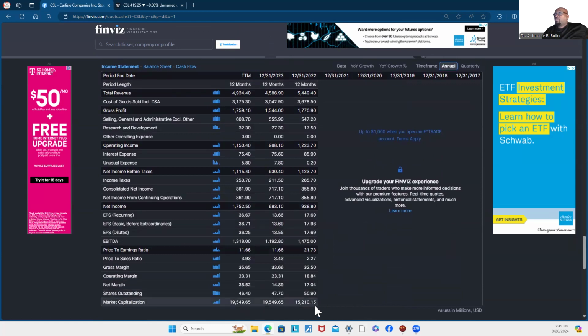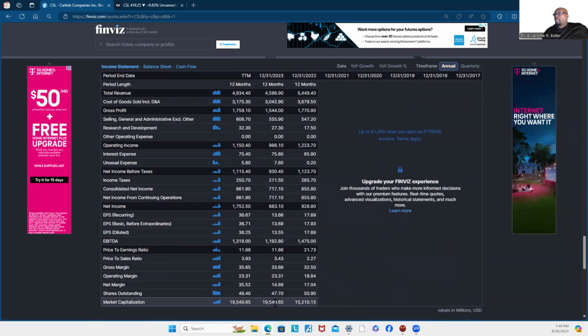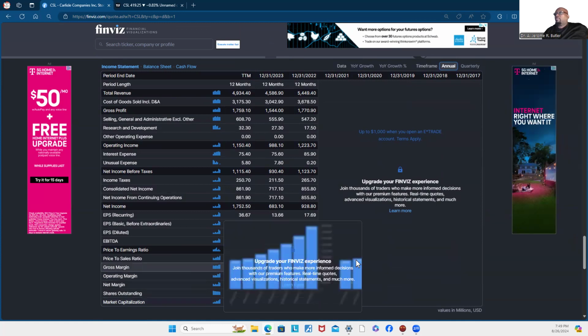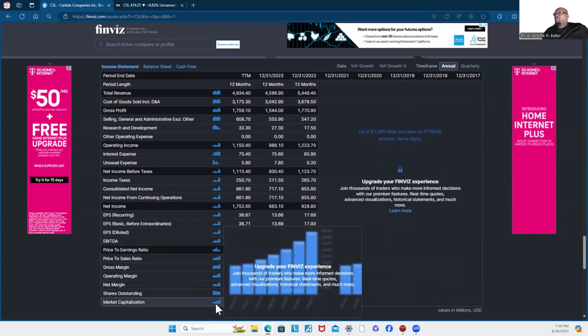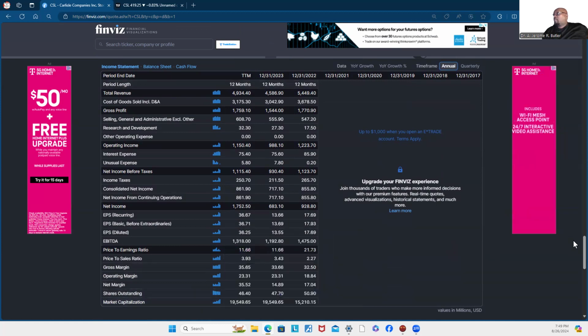Market capitalization has increased. It was sitting flat last year, but so far you're up $4 billion in your market cap, not too shabby.